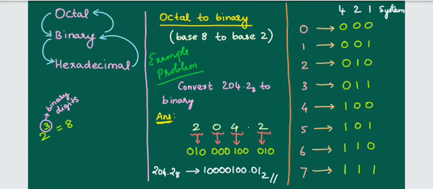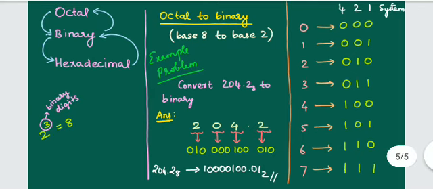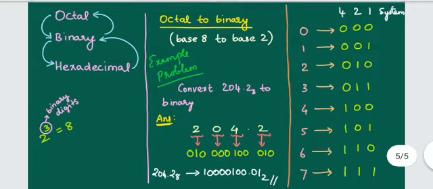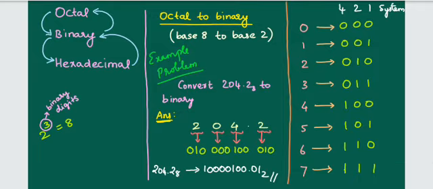If octal number is 1, equivalent binary value is 001. If octal value is 2, binary is 010. If 3, binary is 011. If 4, binary is 100. Similarly 5, 6, 7 equivalent binary values are 101, 110, 111. So for all the 8 octal digits, equivalent 8 binary values are given here based on the 4 2 1 system.